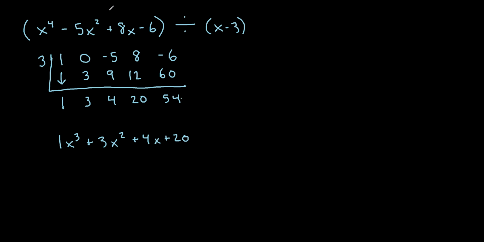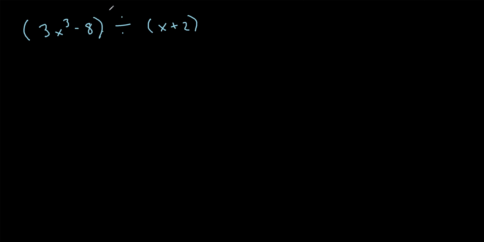And now notice this last term that we got is not a 0. So what that means is this is the remainder that we have from this division problem. So we write this remainder of 54 over what we attempted to divide by. So we attempted to divide by x minus 3. So we'll write 54 over x minus 3. And that will be our final answer.